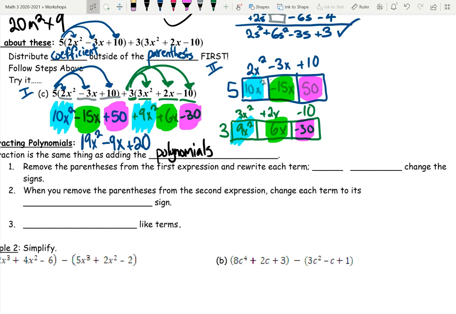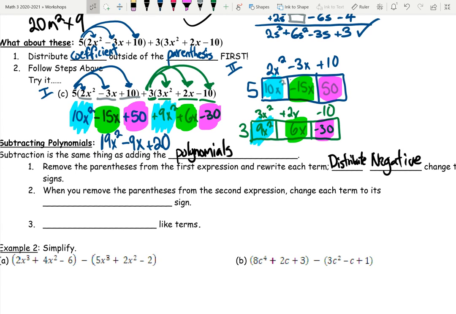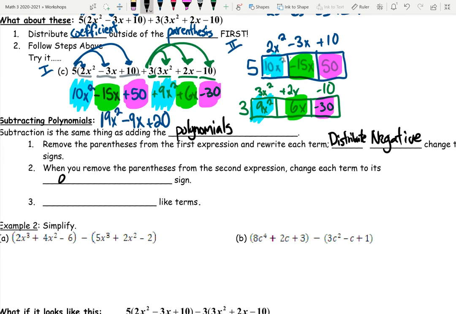And then you're going to make sure to distribute the negative and change the signs. When you remove the parentheses from the second expression, change each term to its opposite. And then you're going to combine like terms.